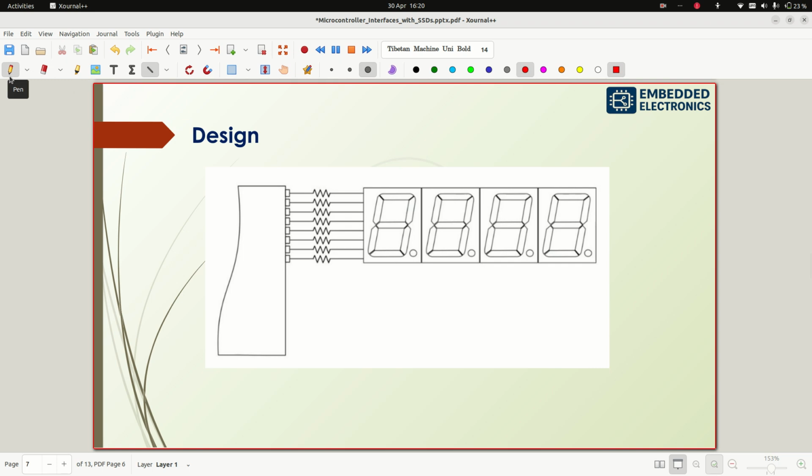My aim is to display 1. But here all 4 are commonly connected, right? To display 1, what we need to do? A, B, C. So we need to consider B and C as high.